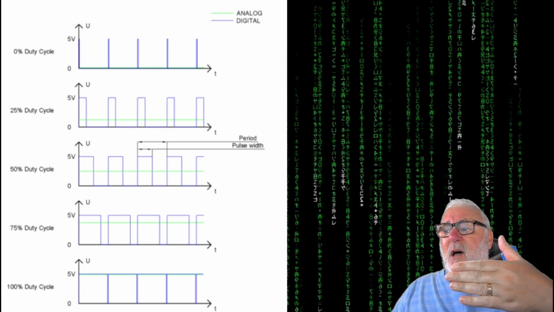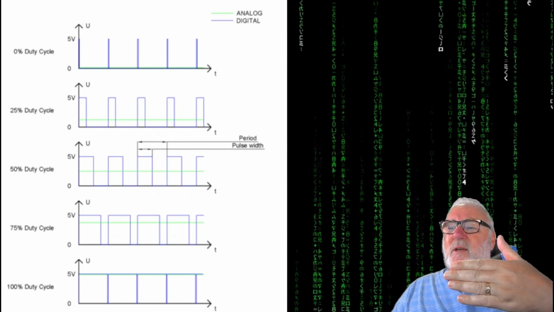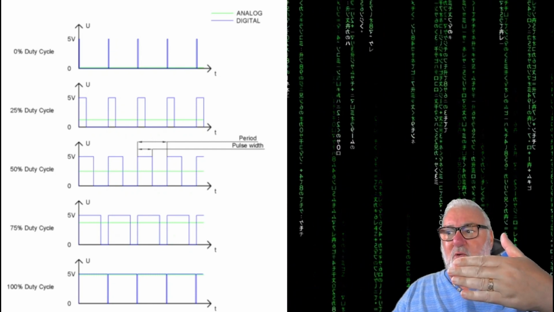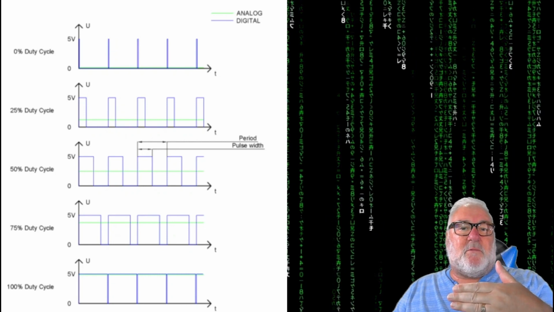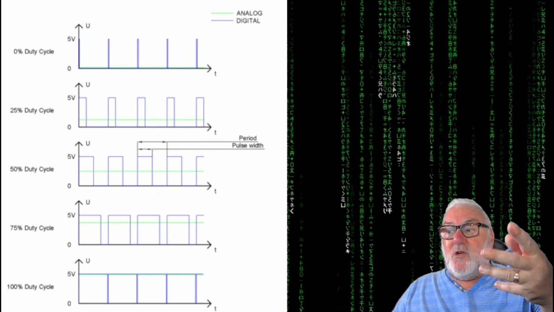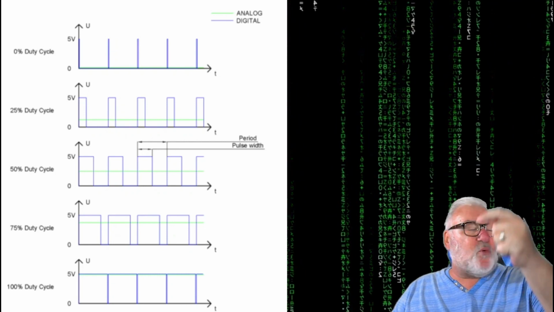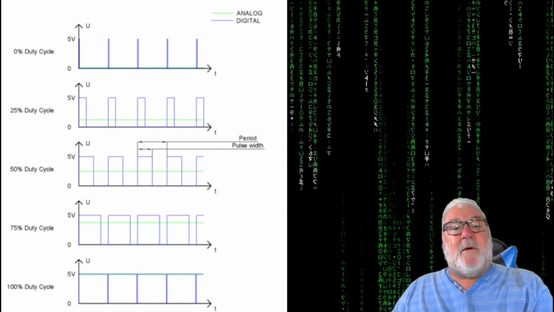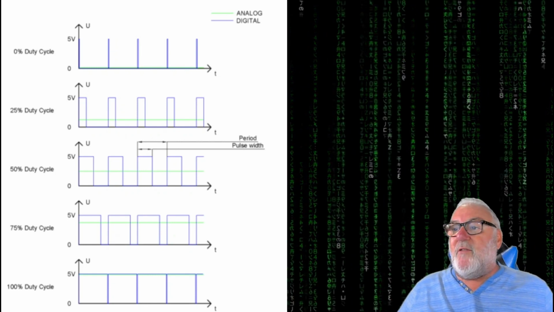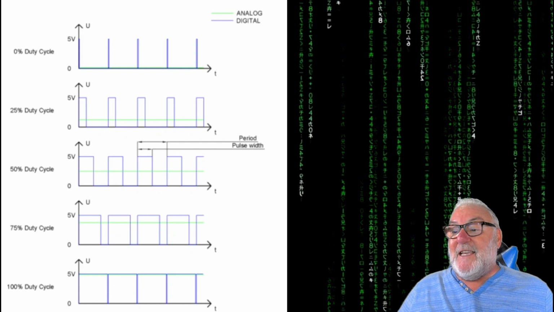The longer the duty cycle, the higher the output. We can use this to control all sorts of things, and we're going to be doing it by controlling the brightness of an LED.